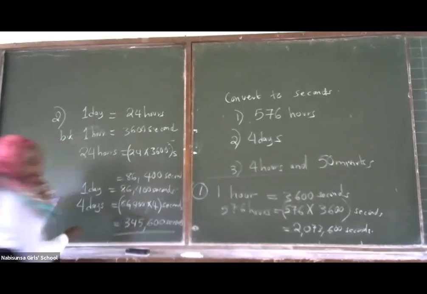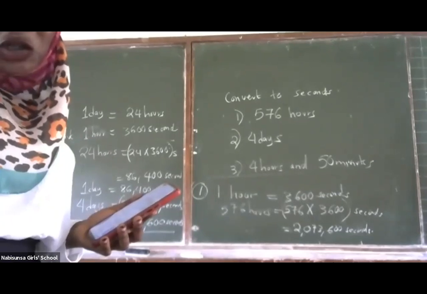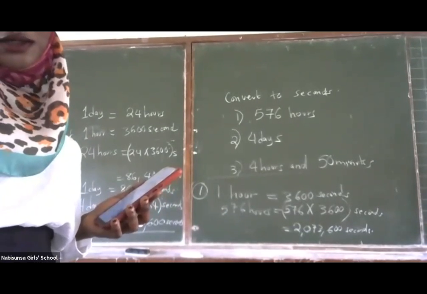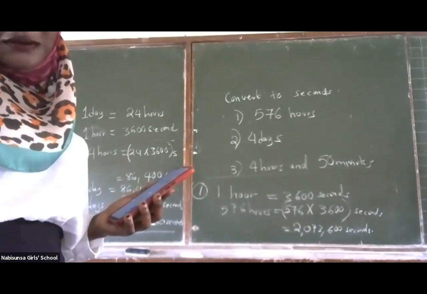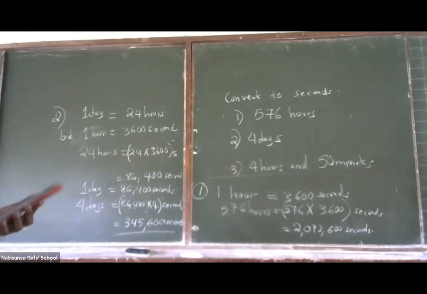So this is what we have for number two. How many got the same answer? Very nice. Thank you, Elisha. Thank you, Shirat. People managed to get the answer. Thank you, Ainembabazi Vanessa.